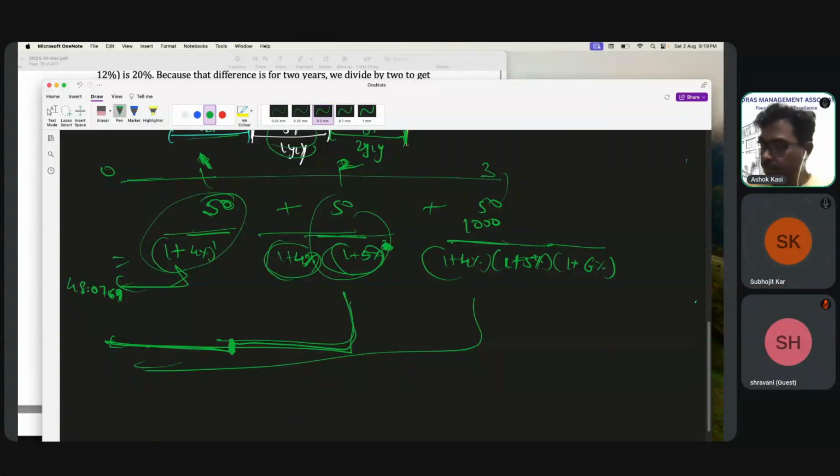And for this one, either you can say 1.04 into 1.05, and then inverse into 50.